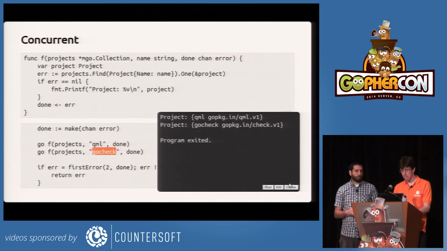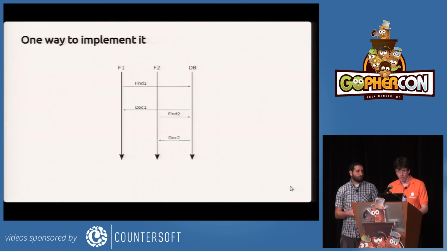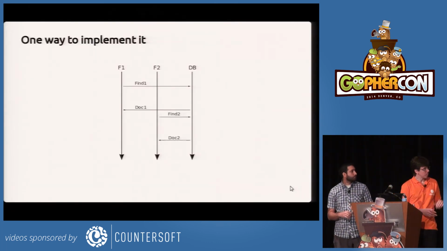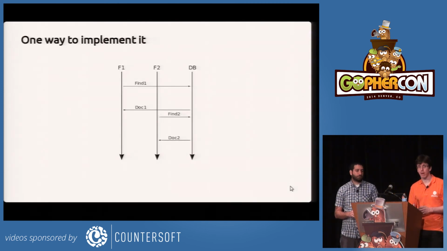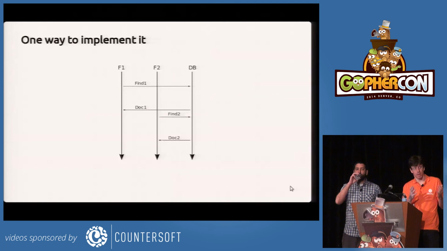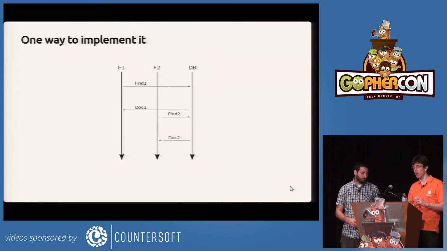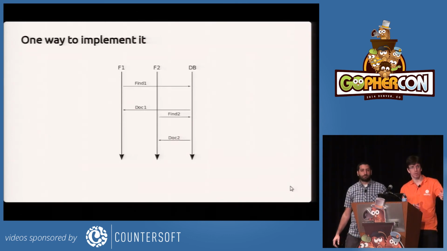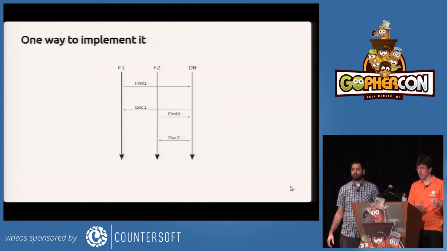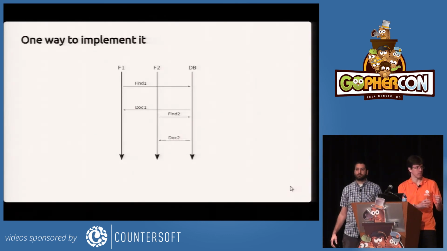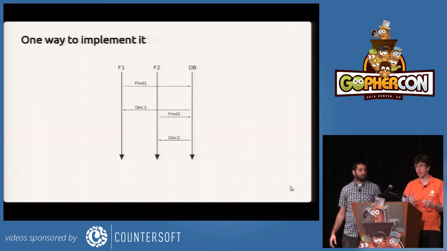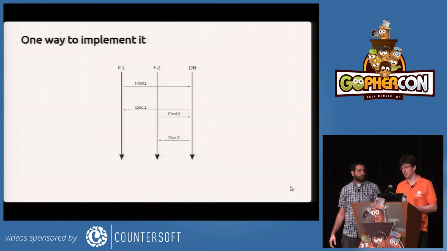It just works, right? So if we think about what's going on behind the scenes, that would be one way to implement it, right? I could basically still look like something that is concurrent, but I acquire a lock. The first one that tries to run stops, blocks, and waits until it's done. And then the second one is allowed to go. And that's how a lot of drivers implement that logic.